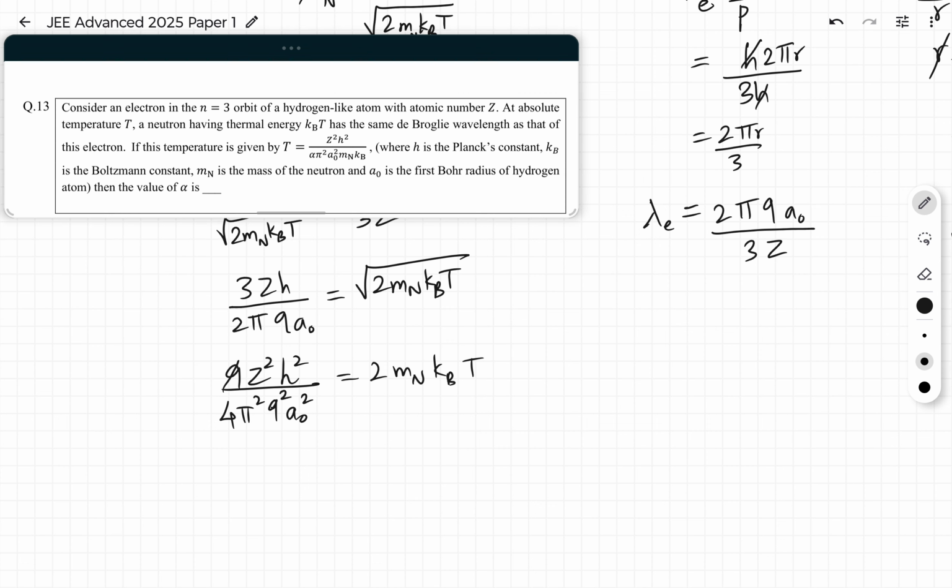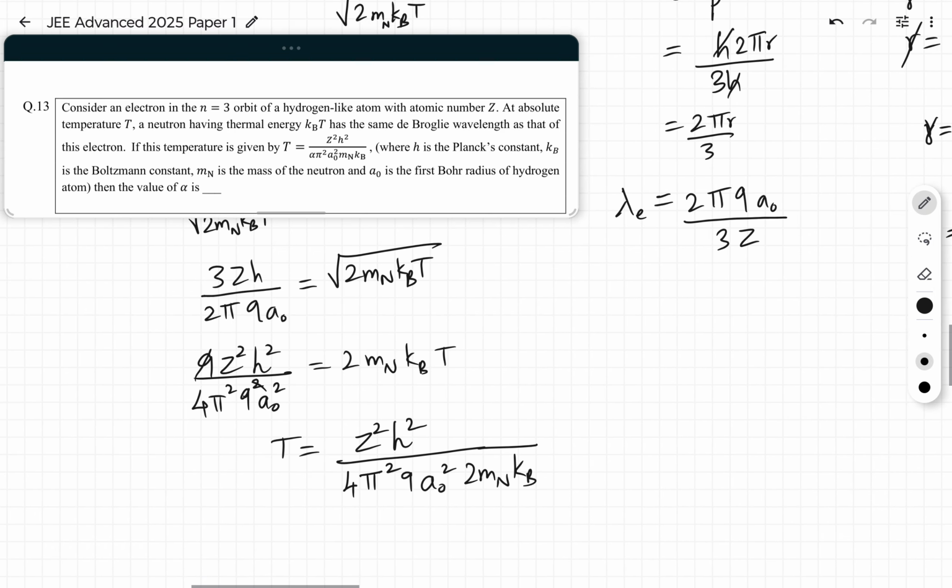So T will be Z squared h squared by 4 pi squared 9 a naught squared divided by 2 mn kB.